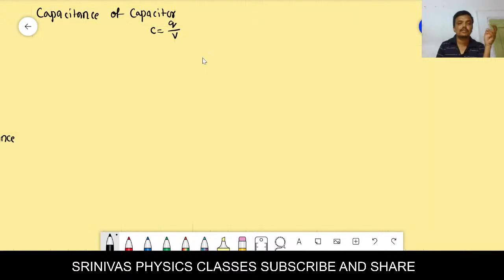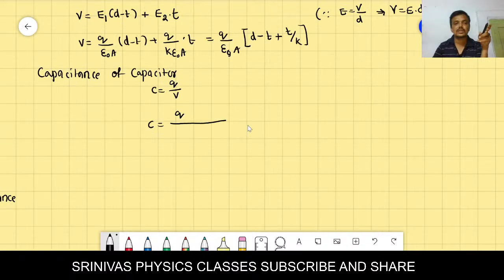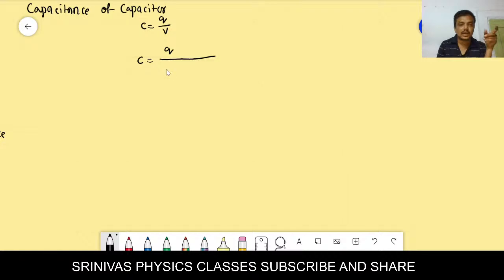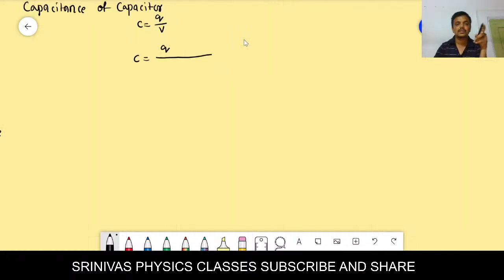C is equal to Q by V. The potential difference we derived in the previous case, let me scroll down, you see, this is the potential difference that we got: Q by epsilon naught A into d minus t plus t by K. Now Q and Q get cancelled.